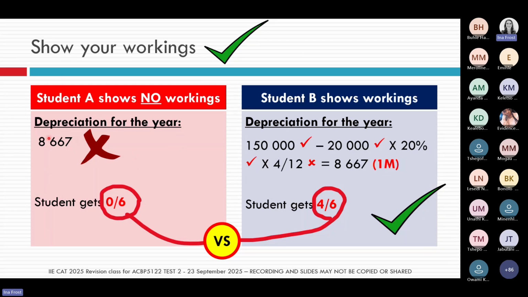Student A gave us no workings, no support, so student A gets 0. Student B has the same answer but showed us how they worked out the answer, and they just made one little mistake in their calculation. So student B actually can get 4 out of 6.